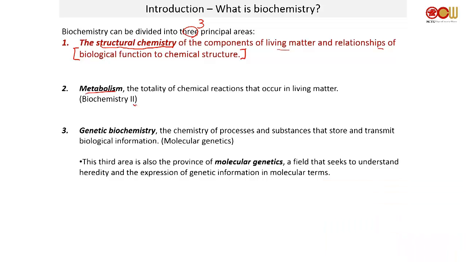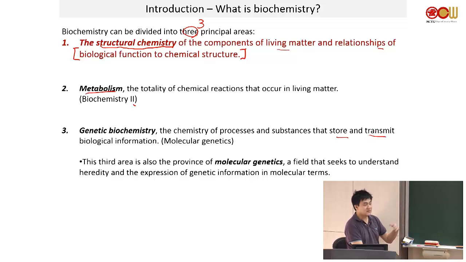And then there's the third part, called genetic biochemistry. Genetic biochemistry is the chemistry of processes and substances that store and transmit biological information. We will not talk about this in biochemistry too much. We'll talk about the structure of DNA, the actual mechanism of DNA replication, and so on.